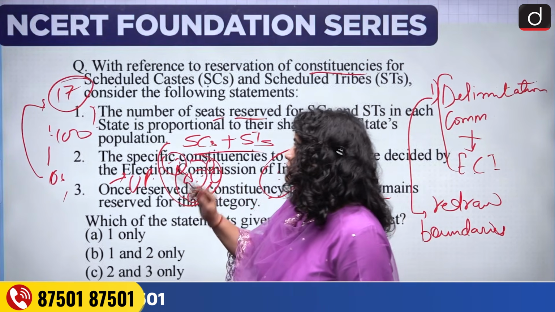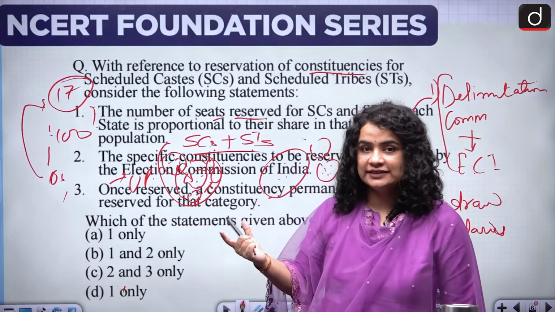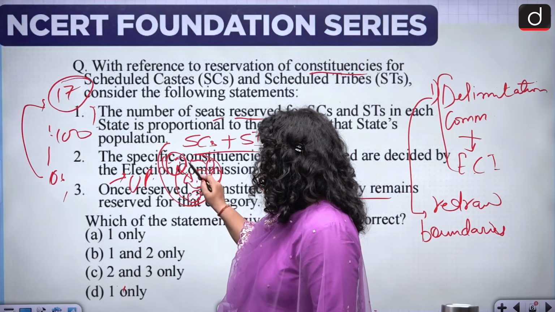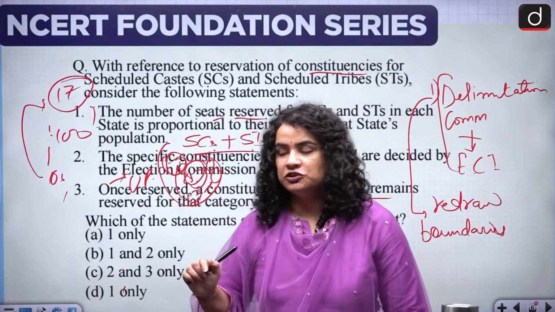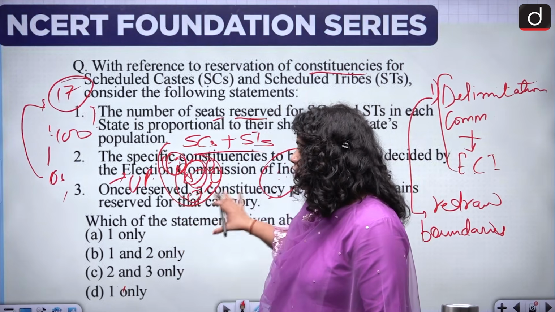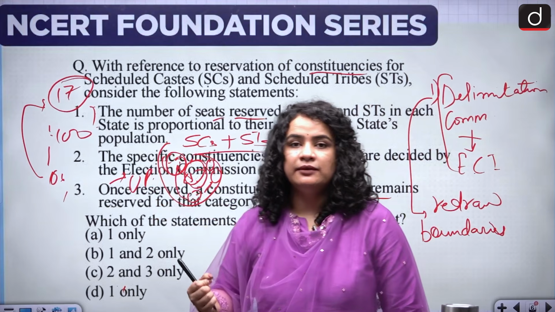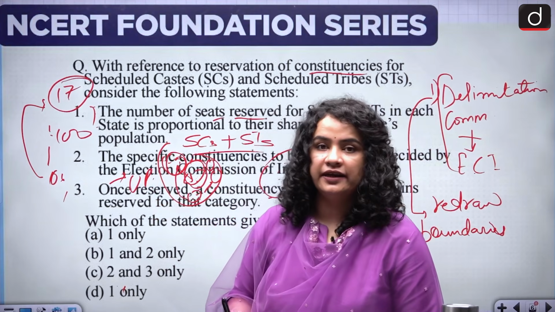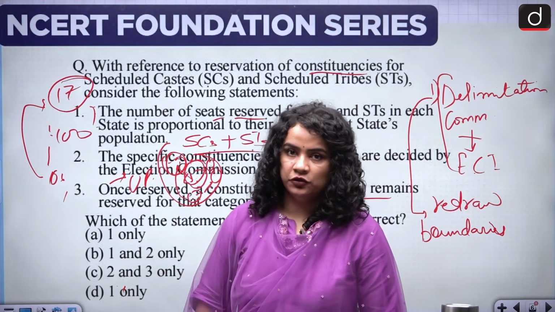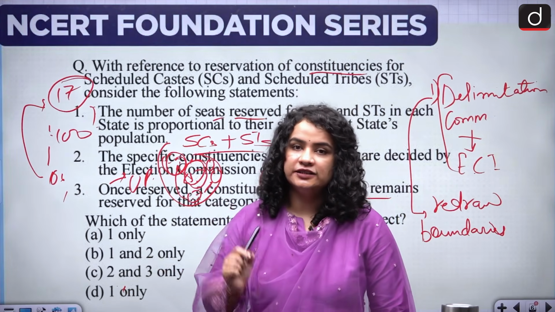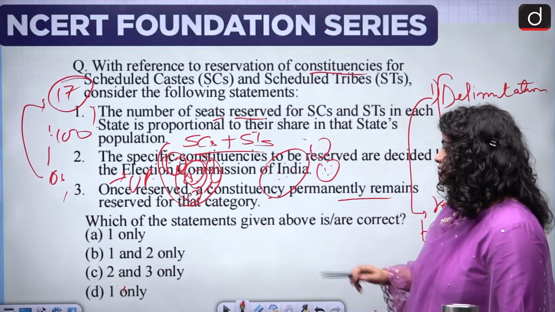So, for example, if nearby constituencies have more population of SCs, instead of marking these adjacent territories as reserved constituencies, the Delimitation Commission is going to spread them along the geography of the entire state, so that the next time the delimitation exercise happens, different constituencies can be marked as reserved constituencies for scheduled castes. So, once reserved, does a constituency permanently remain reserved for that category?